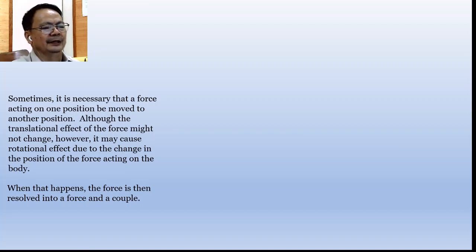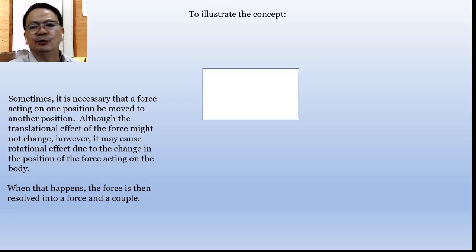That's it. Okay, to illustrate the concept, here is how this can be illustrated. Imagine that we have here a block, and on the block there is a point where a force F is acting. Suppose that on this block, we add a pair of collinear and oppositely directed forces whose magnitudes are the same.